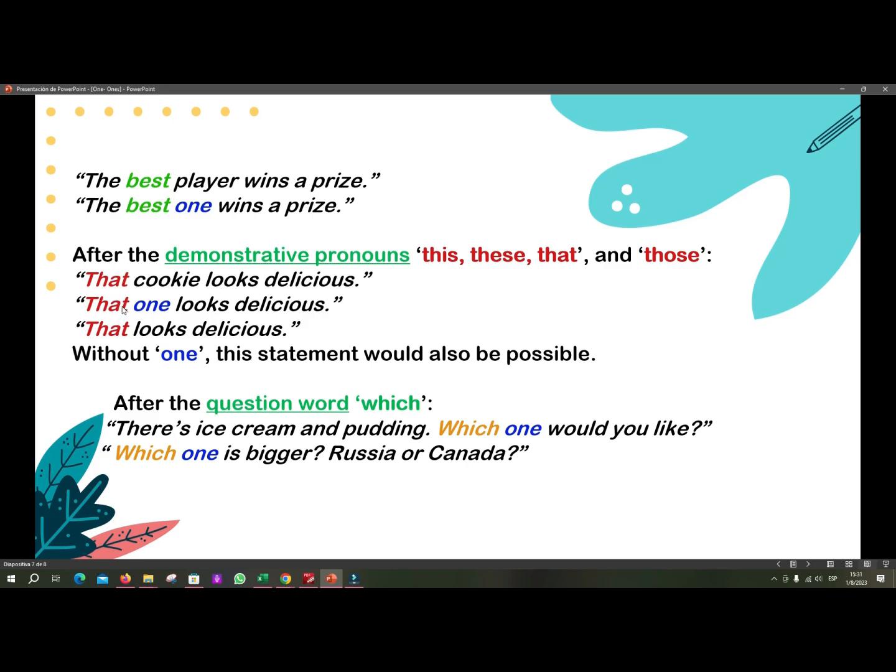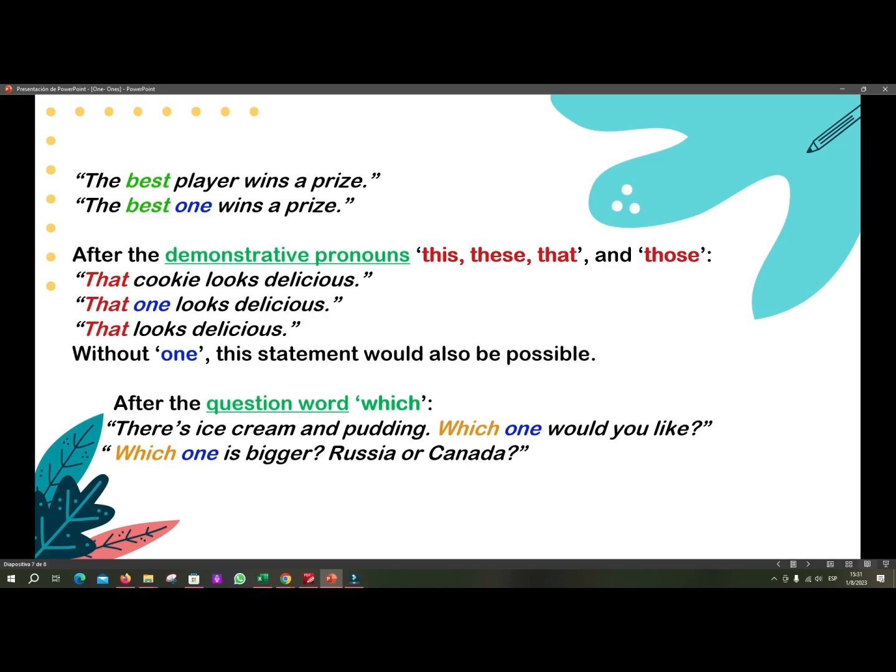After that word, you can use one or ones, depending on the noun that you have there. Also, you can say just: that looks delicious. Without one, the statement is also possible, but it is not so common. It would be informal speech, but you can do it, okay?